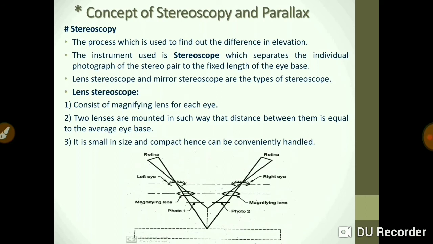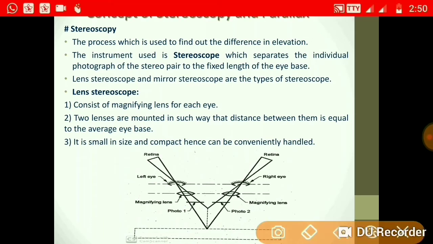We can see in the diagram it consists of a magnifying lens for each eye. So here there are two lenses, 1 and 2. These are the two magnifying lenses for each eye. This is the position of the eyes, left and right eye.